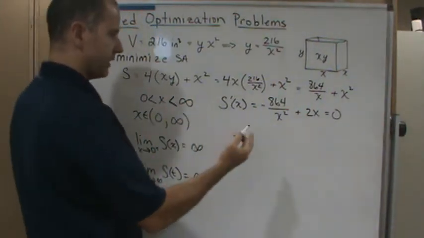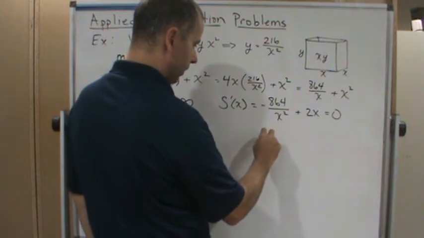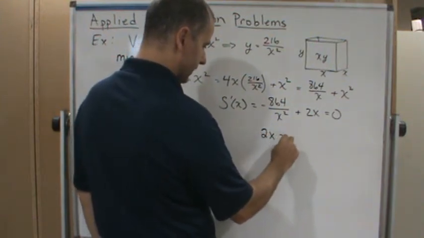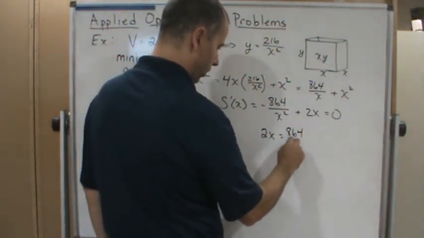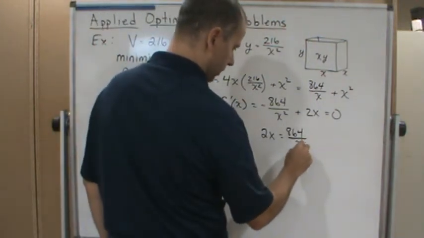If we set this equal to 0, what do we get? We get 2x is equal to 864 over x squared.